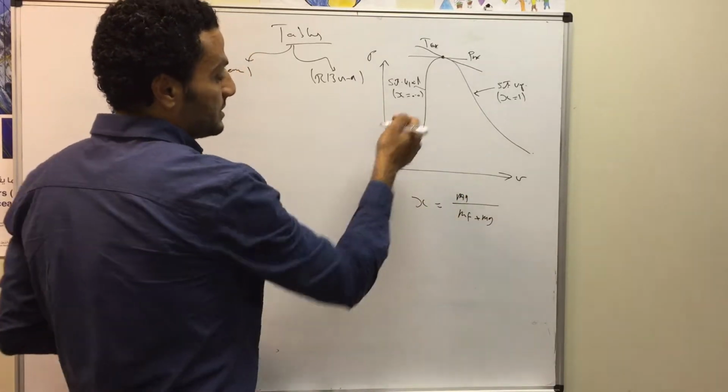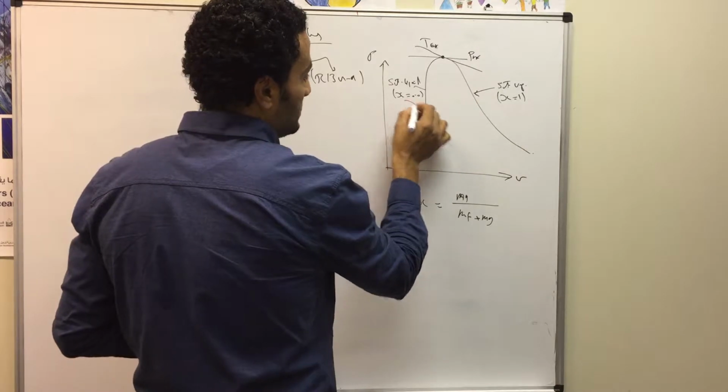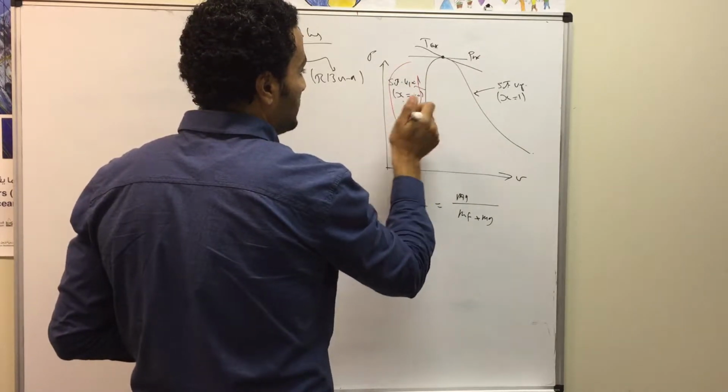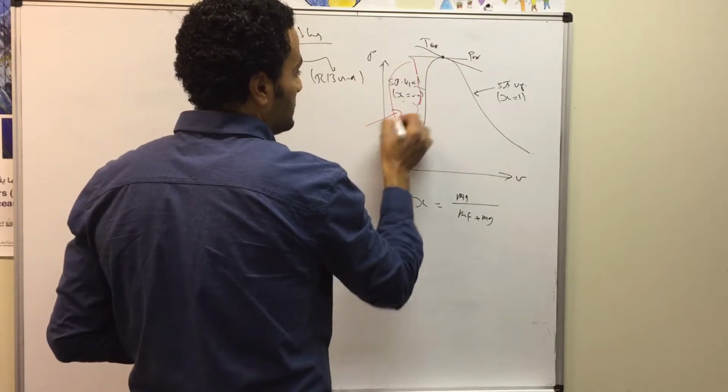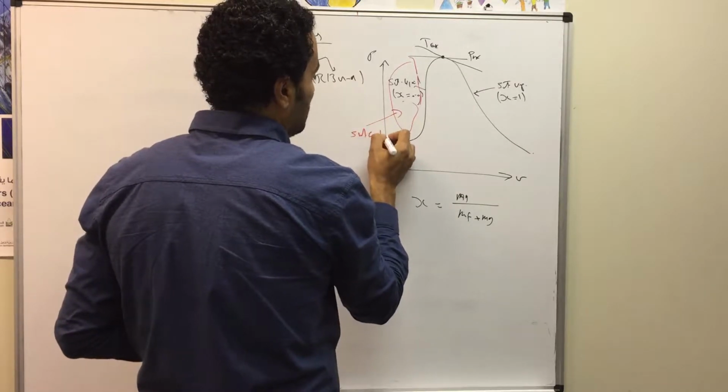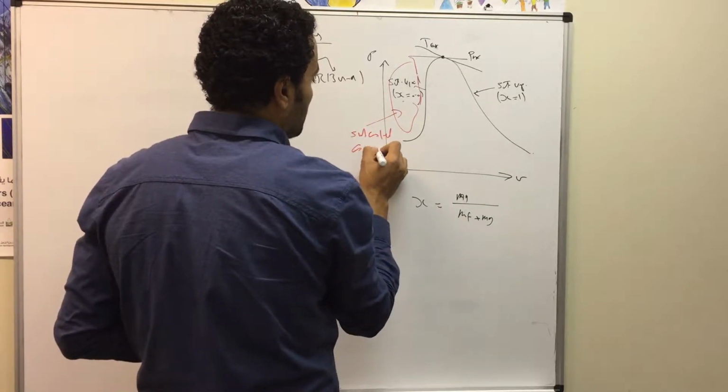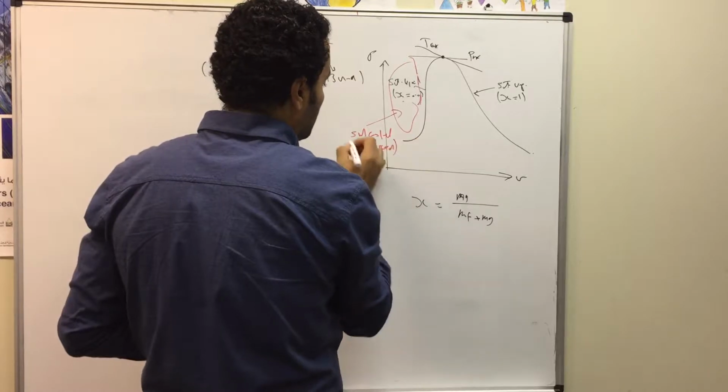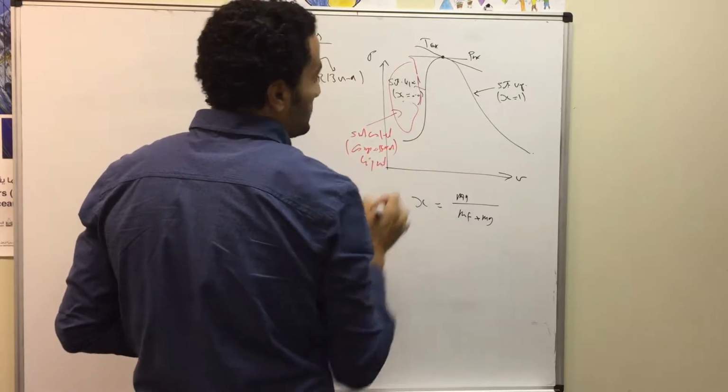Before the saturated liquid line, the state of the substance, let's say in this region, is called the subcooled or compressed liquid zone.